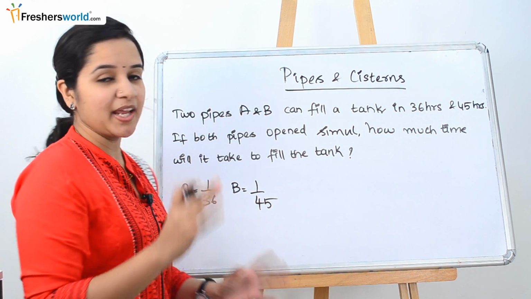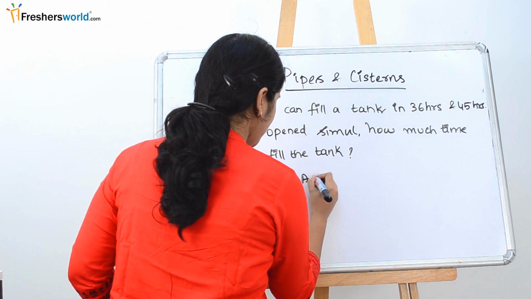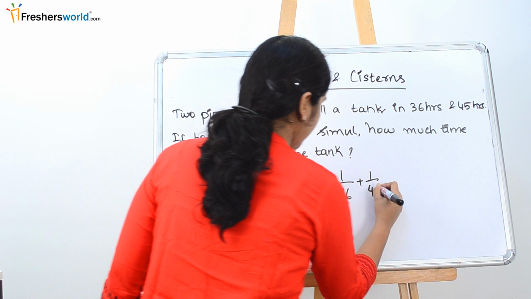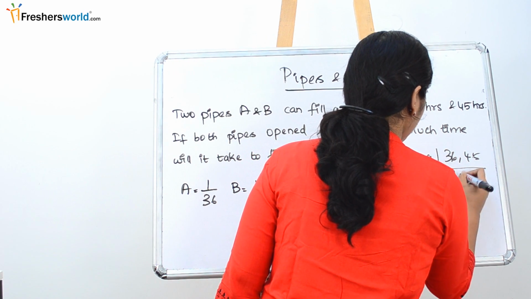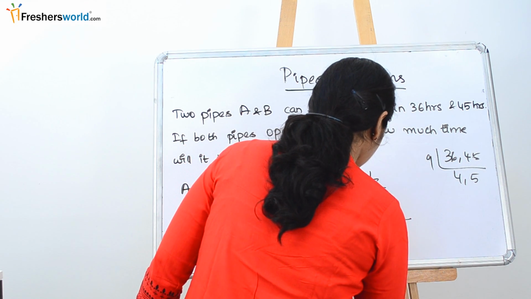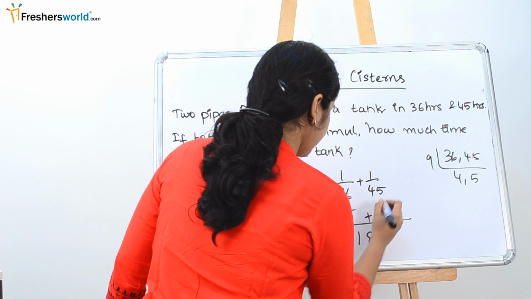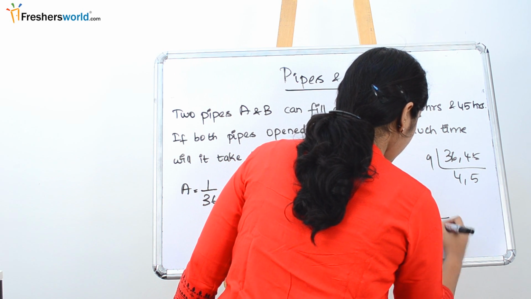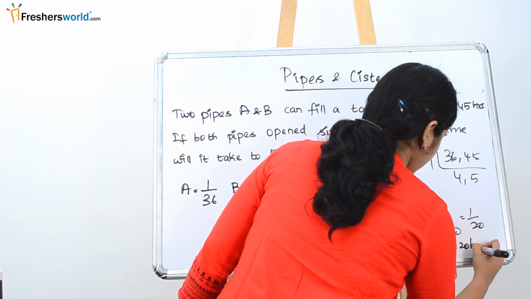How much time together will it take to fill the tank? That's the question, so it is A plus B. It is simple: 1 by 36 plus 1 by 45. Find the LCM of it, which is 180. 5 plus 4 gives 9, so it is 9 by 180, which is 1 by 20, which is 20 hours.